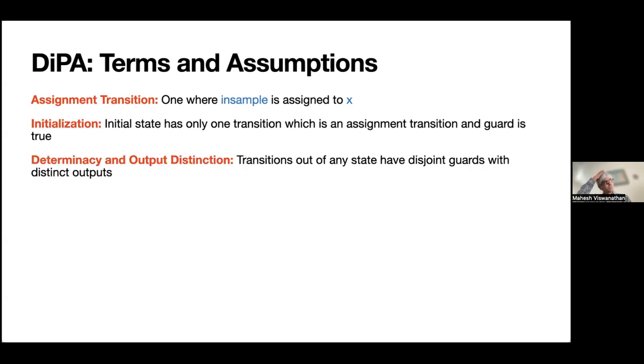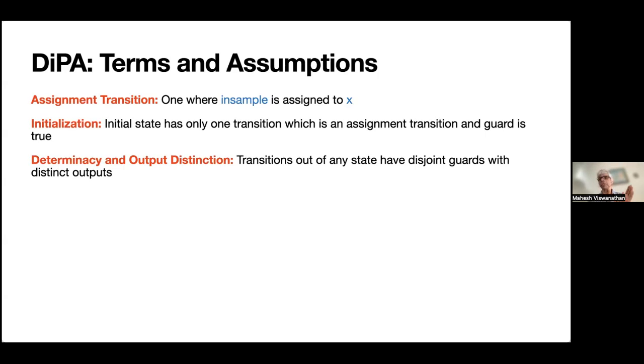The automaton will make some assumptions. The automaton is deterministic, so from any state there is exactly one transition that is enabled based on the guards. So the guards are disjoint. And the second thing is, I'm also going to assume that the output uniquely determines which transition I have taken.